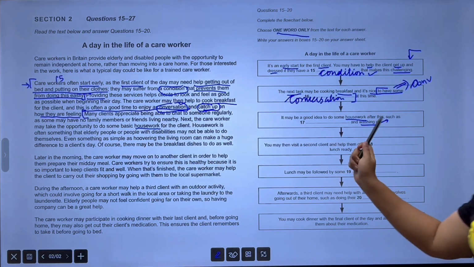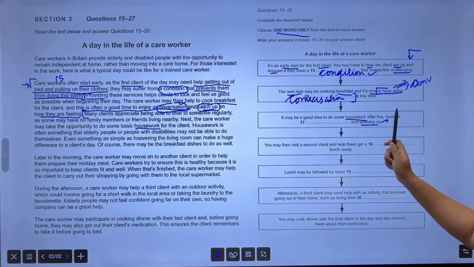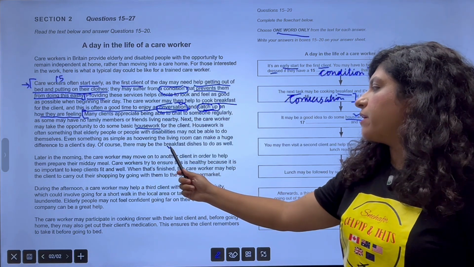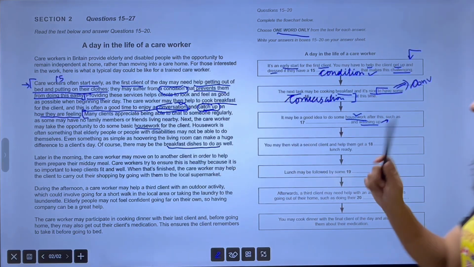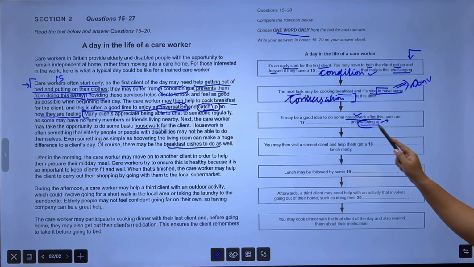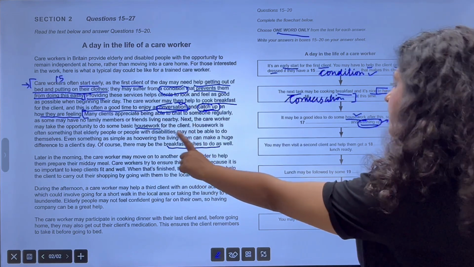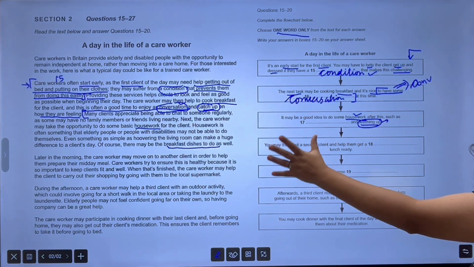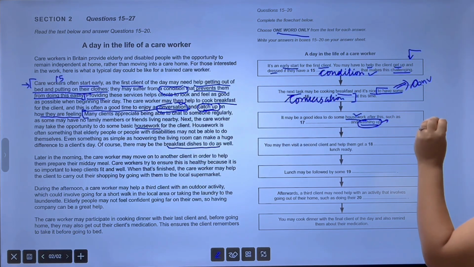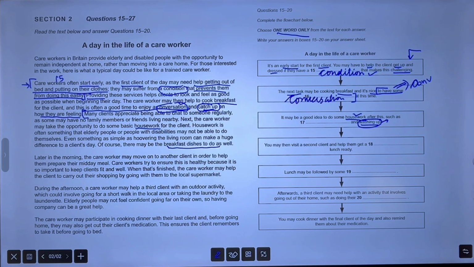Now try to match the keywords. We have the word housework, then it talks about breakfast dishes to do. That means we are talking about washing up. So this is one housework that has been mentioned, right? Again, the words are not exactly the same, but yes, we have closely associated words, right?